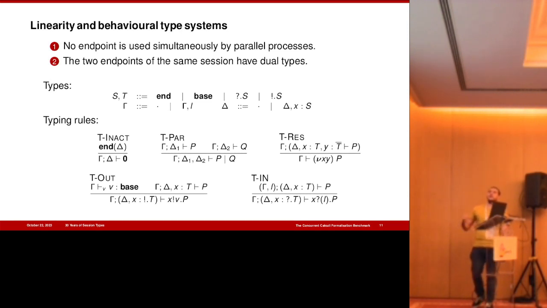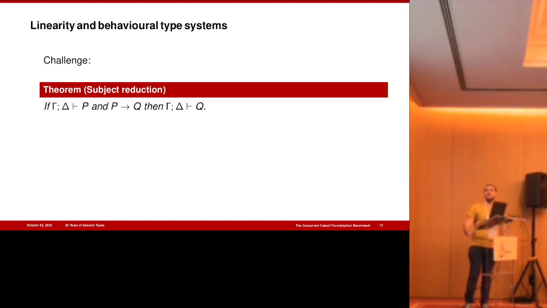The second thing is that the 2 endpoints of the same session have dual types. Again, duality, here I mention it. I don't introduce it formally, it's pretty standard. Please look at the technical report on the website. However, 2 endpoints of the same session have dual types, namely one sends and the other receives. And this is enforced by the restriction typing rule, okay? So nothing surprising. And here comes the challenge.